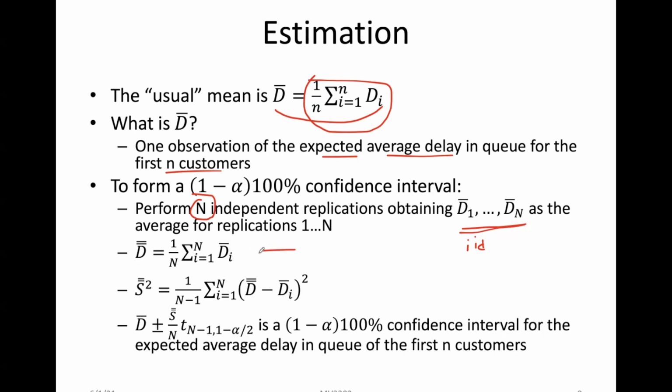And so now we can apply our regular statistics to these values. So I take the mean of the means, and traditionally we give that a double bar, and then the estimate of the variance likewise is the estimate of the variance of these observations.